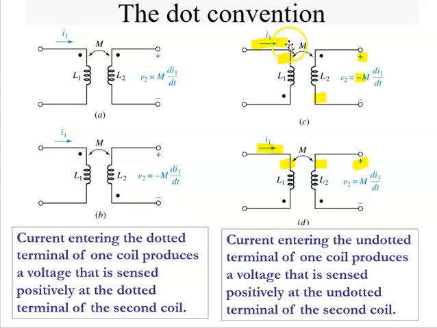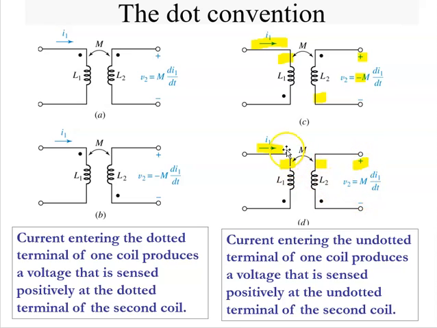Let's say we have current entering the non-dotted terminal. If the current enters the non-dotted terminal, then the positive reference of the mutually induced voltage will be down here at the non-dotted terminal. So if we consider the positive reference at the top, then that's a negative M di1/dt.